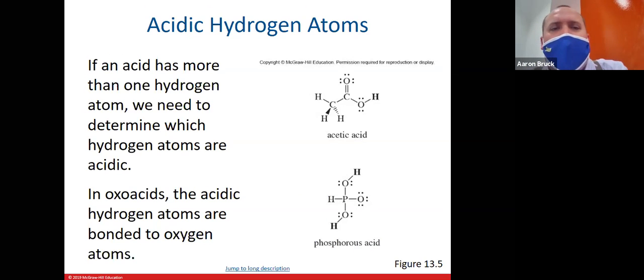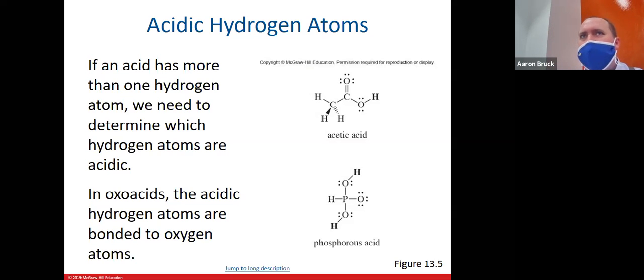This particular phenomenon is much more common for acids than it is for bases. But what we see is that there are certain types of substances that can exhibit a multiplicity of their behavior. So in particular, we're going to look at acidic hydrogens. Acidic hydrogens tend to focus primarily on when we have usually organic acids of some kind.